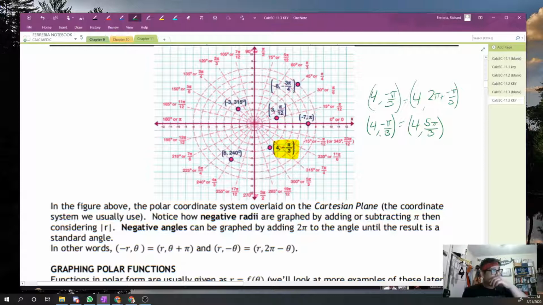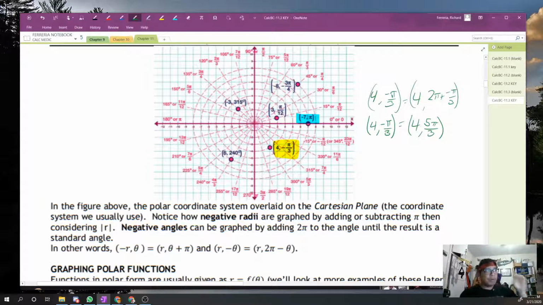How do I deal with a negative value for the radius? Here's one. Negative 7, the angle is pi. You'll notice for this one that this is a distance of 7 away from the origin, so that has something to do with it.